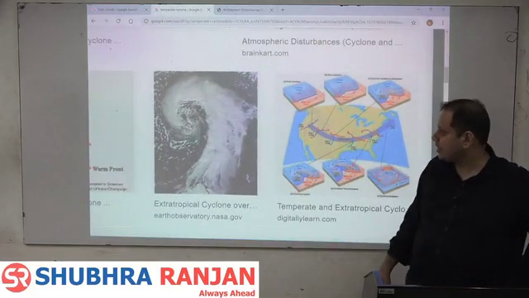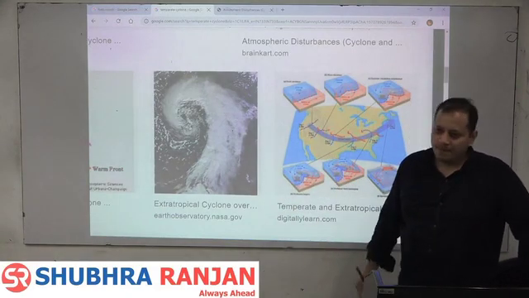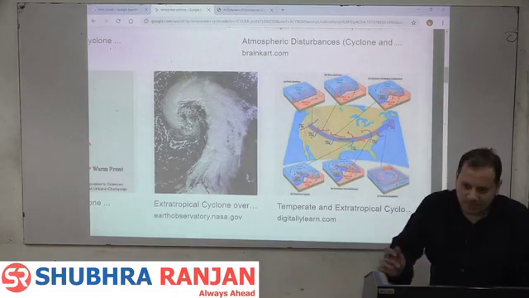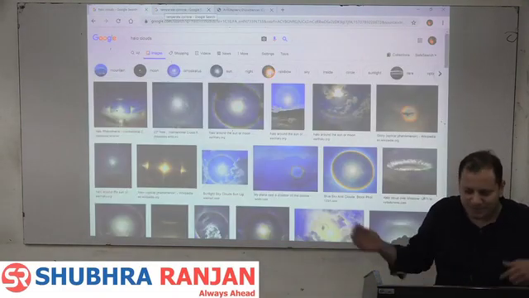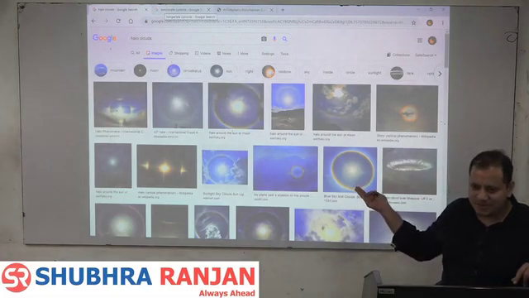This is the satellite image of a temperate cyclone. And you were asking about halo, this is halo: cirrus clouds, cirrostratus clouds.